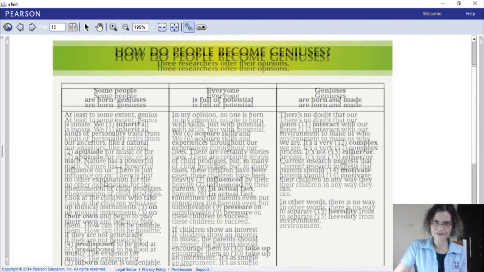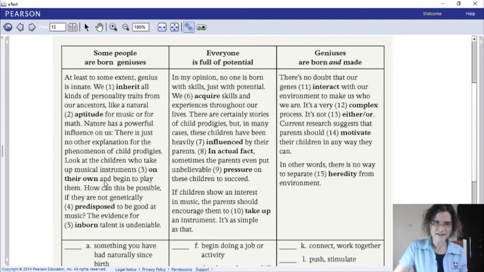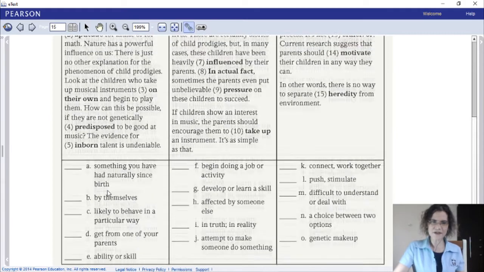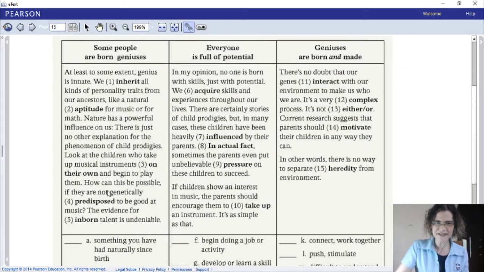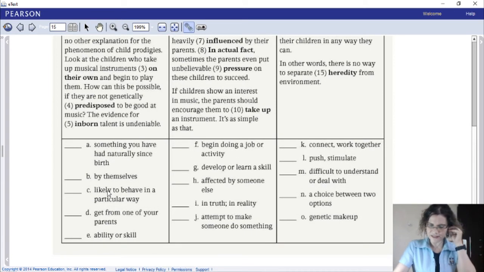Now, you're going to read each view, and as you can see here, you have number 1, 2, 3, 4, and 5, these bold-faced words, and that is connected to A, B, C, D, E. Now, how can I connect, for example, number 1, inherit? Is that A, B, C, D, or E? What do you think?